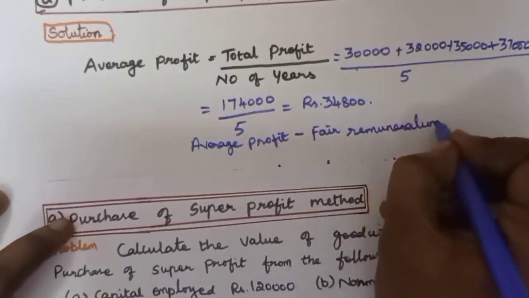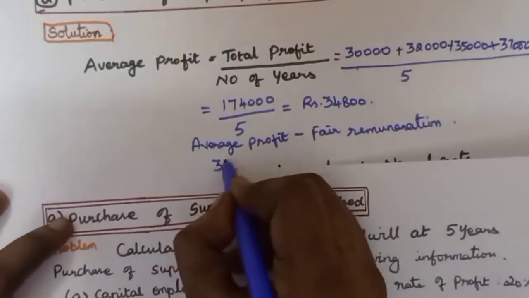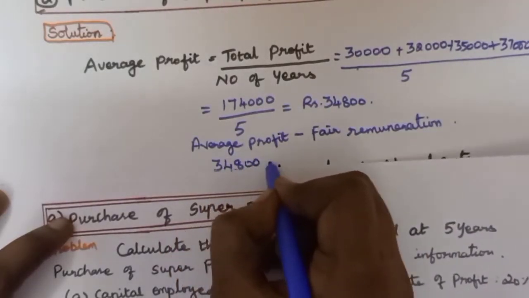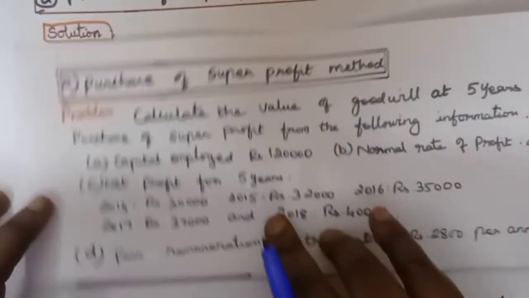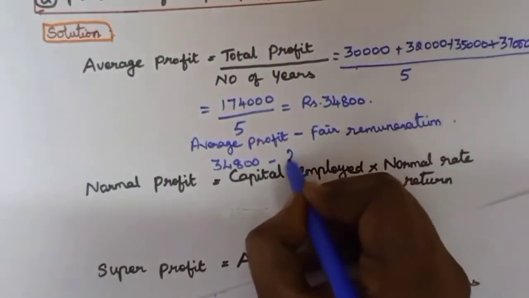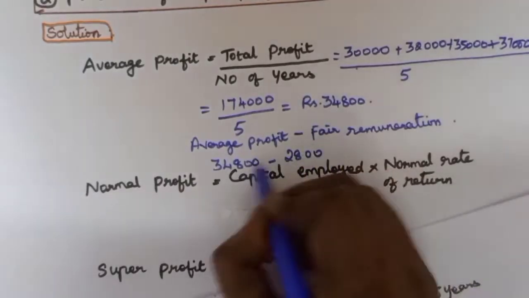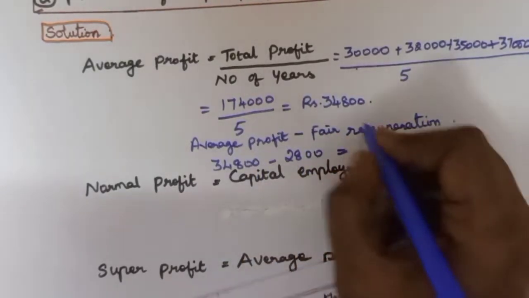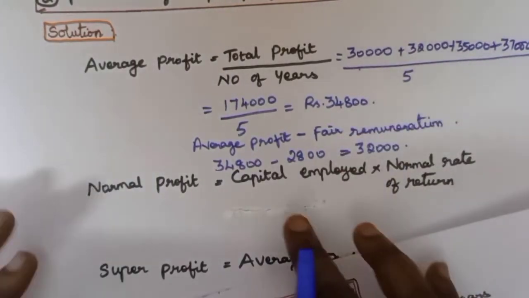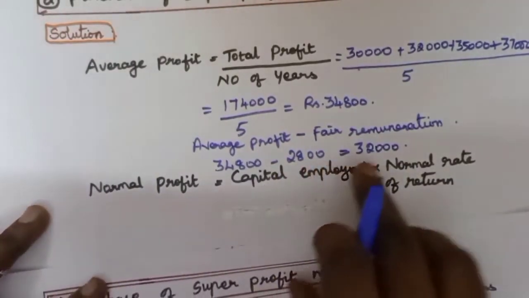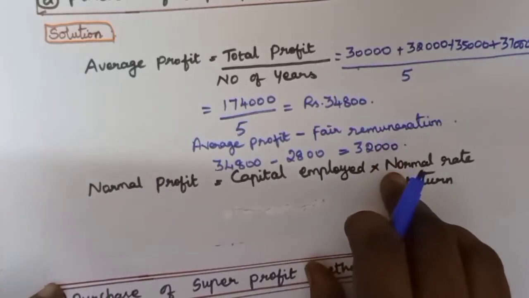Average profit is rupees 34,800. From the average profit, how much fair remuneration? It is 2,800 rupees. Deduct, we will get 32,000. This is the average profit after fair remuneration to the partners.